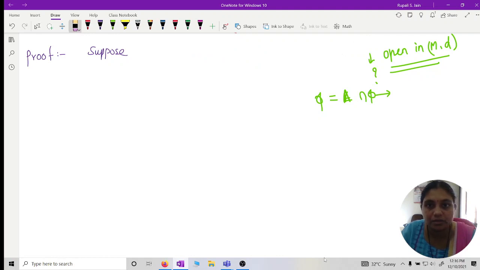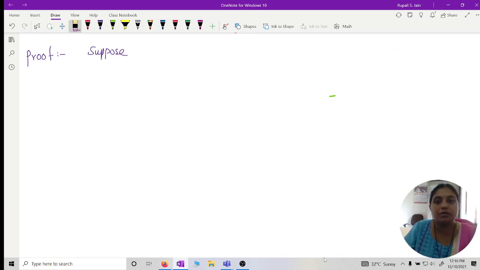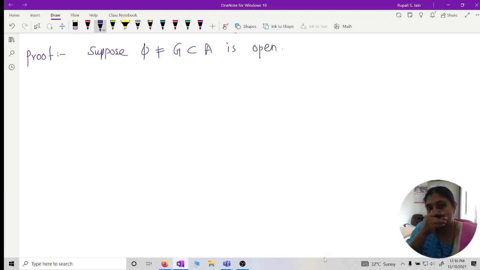Let me erase this. Suppose G is non-empty, which is containing A, which is open. Suppose G subset of A which is open.